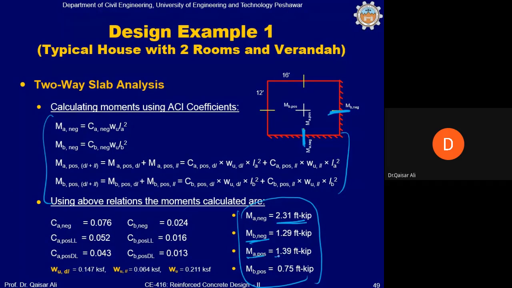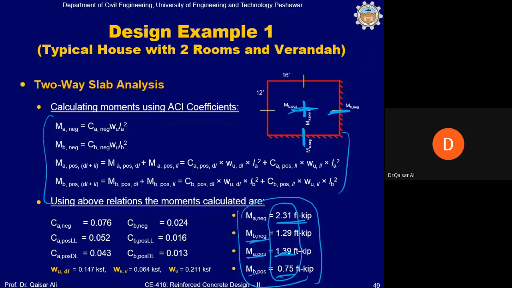MA positive is 1.39, this is 1.39, and MB positive is 0.75, this one is 0.75. ओके, ये values जरा note करें ताकि हम उस panel पर इसको mark कर सकें. Values note करें, शाबाश. MA negative 2.31, MB negative 1.29, MA positive 1.39 and MB positive 0.75.